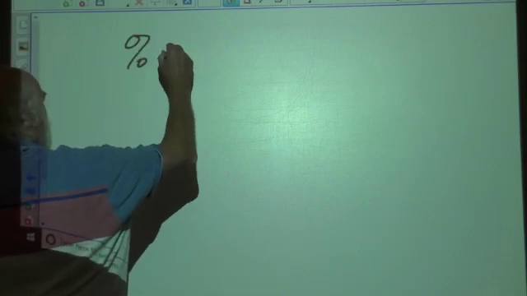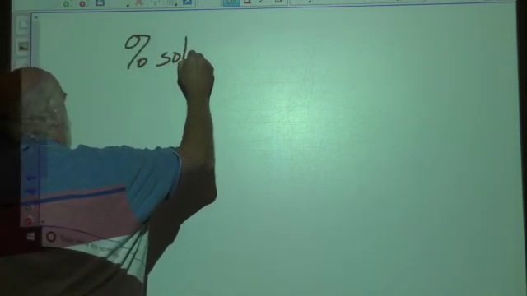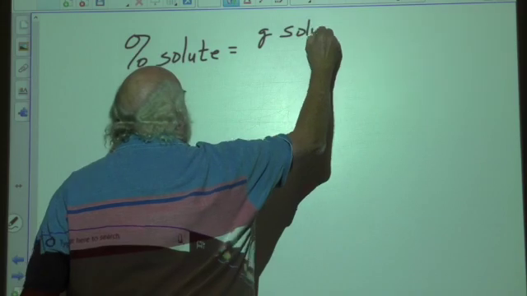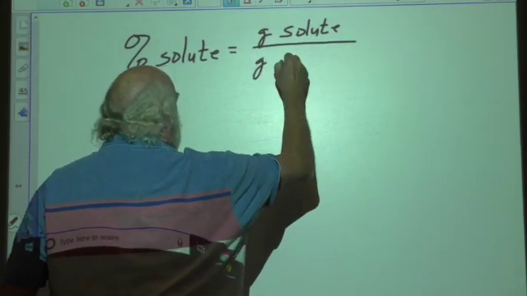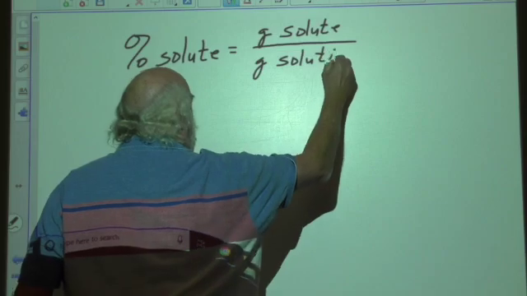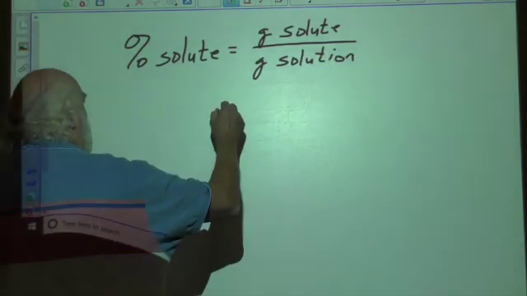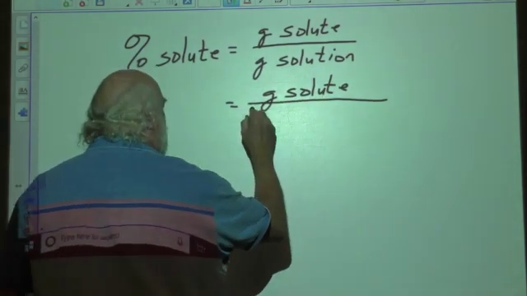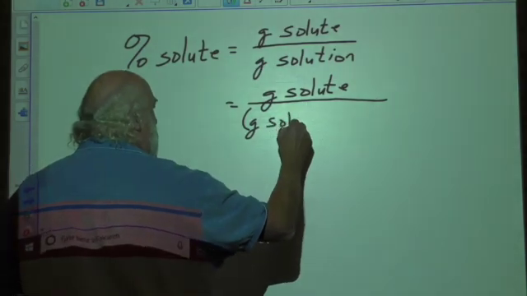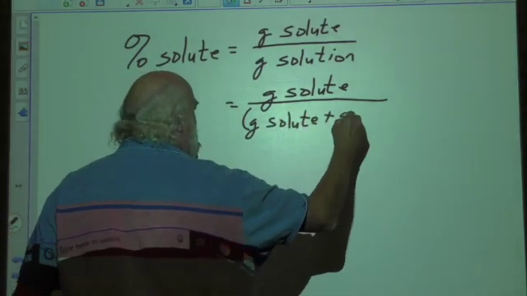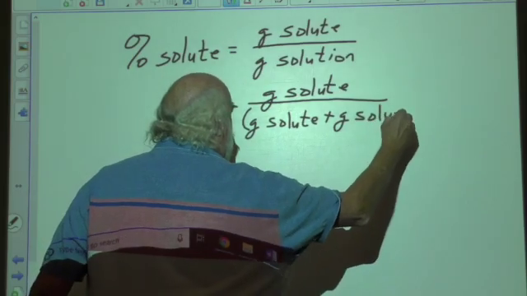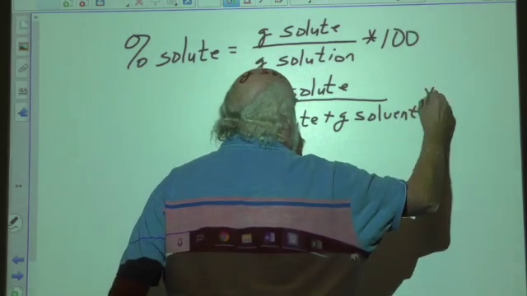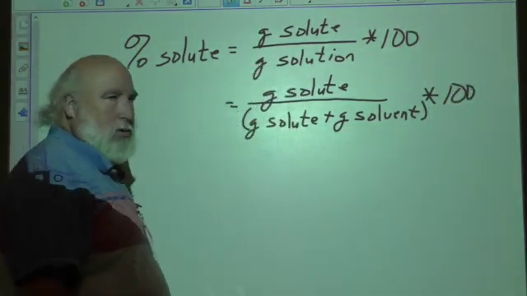Percent solute equals grams of solute over grams of solution, or grams of solute divided by the sum of the grams of solute plus the grams of solvent. And both of these then are multiplied by 100 to get that percent.